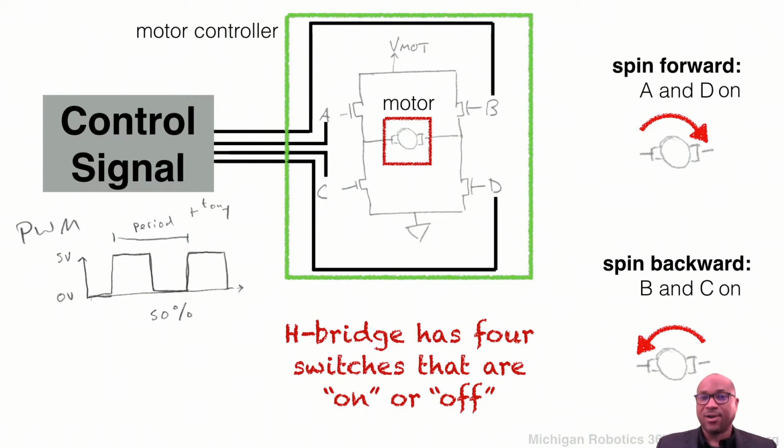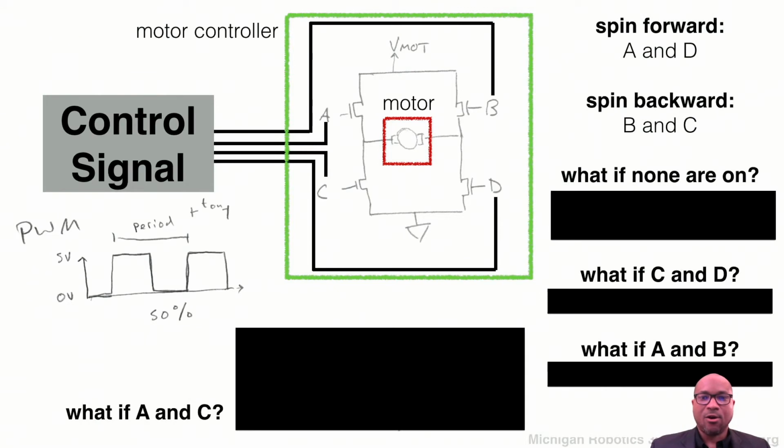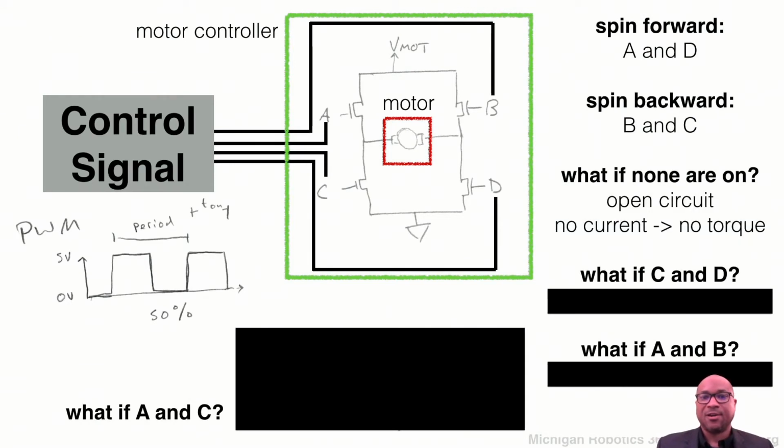And conversely, if we have switches B and C on, that will make the motor spin backwards. If none of the switches are on, then essentially we have an open circuit, which means we have no current and no torque.